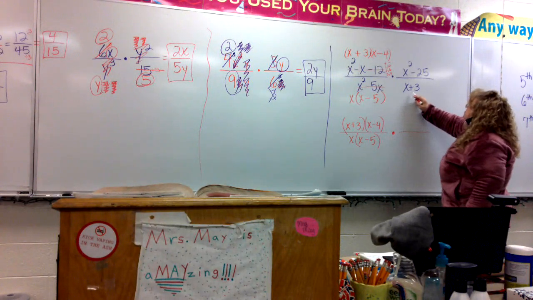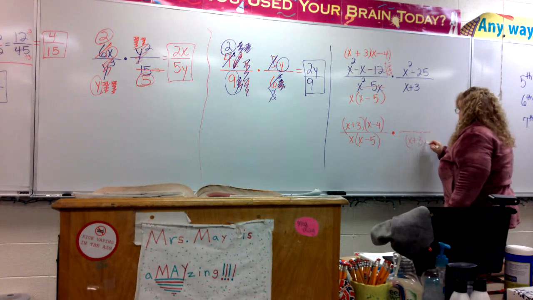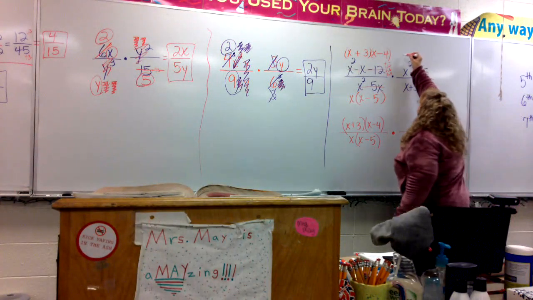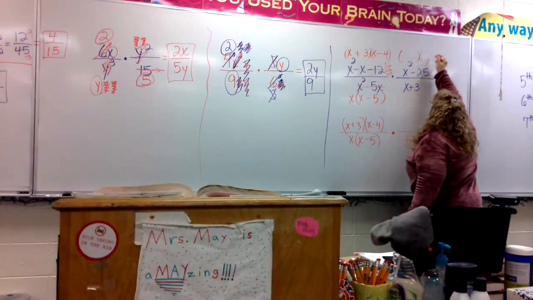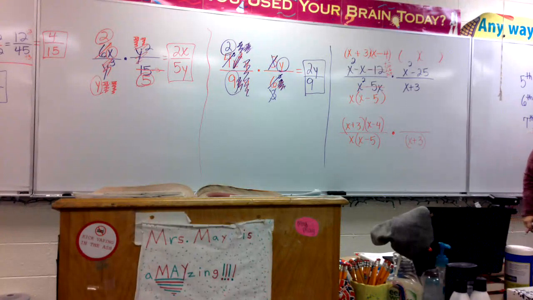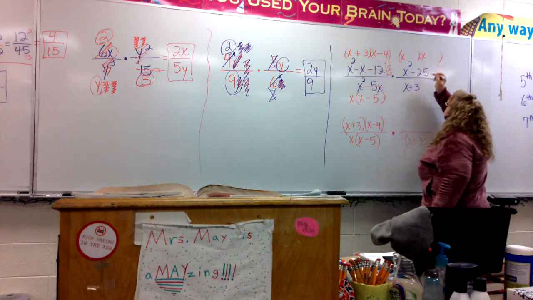Here, we'll go down here. See that? I don't think that's going to factor. It's not a square. And it doesn't have anything in common, so we don't have to factor that one. What about the x squared minus 25? Anything in common? No. So x squared, x times x.